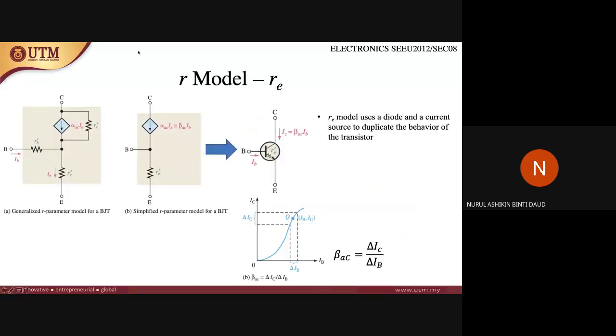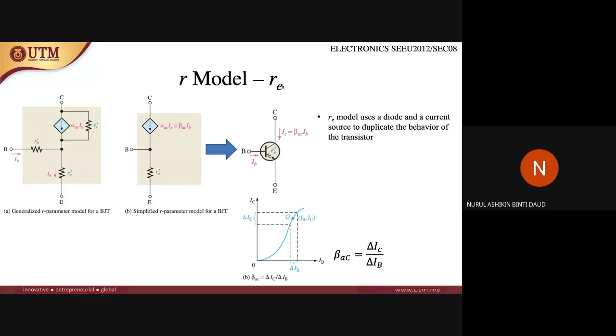So the RE model was later introduced to solve the AC equivalent circuit. What's the difference? Later on, we're going to look at the difference between the RE model and H parameters.